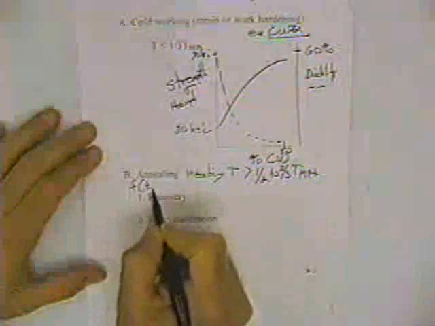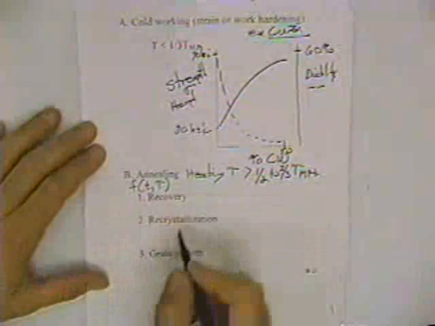Now, why do you want to be greater than half the melting point? Well, an hour ago we talked about diffusion. What kind of process was diffusion? Thermally activated, wasn't it? So the annealing process is a thermally activated process. So the lower the temperature, the longer the time. So this is a function of time and temperature.